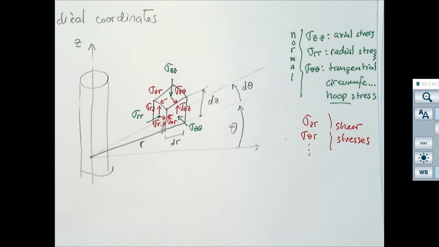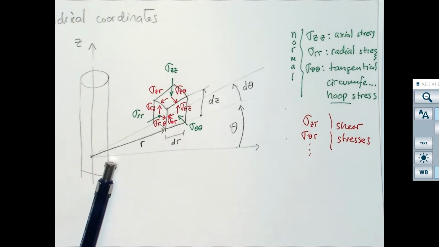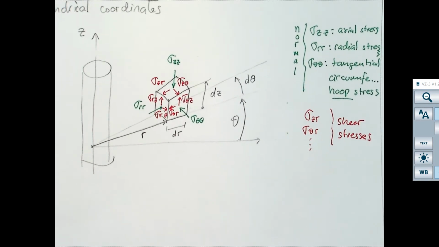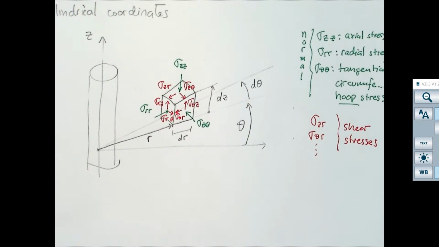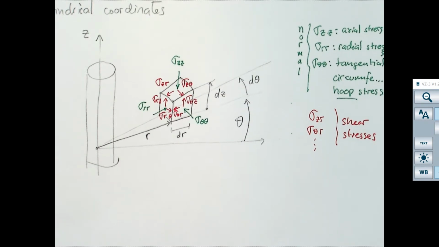Okay, so now that we know the cylindrical coordinate system, we're going to be able to use the Kirsch equations to predict the state of stress of the rock on the wall of the wellbore, or even further away from the wellbore, at any point. In order to construct the Kirsch equation, I don't want to give you the entire equation at one time, because it's very long, and I prefer that we know what each of the terms means.